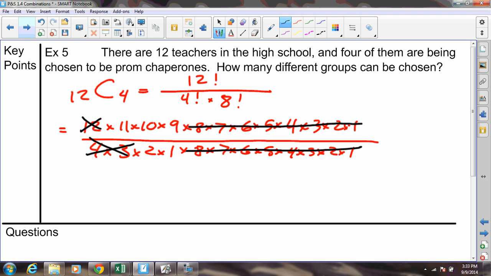In the denominator, we have 2 and 10 in the numerator. 10 is 2 times 5. So we could cancel out this other 2 from the 10. 2 cancels, and in the numerator, the only numbers that are left, 11 times 5 times 9.